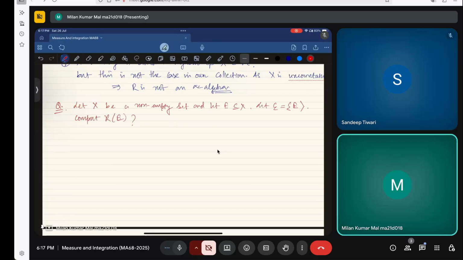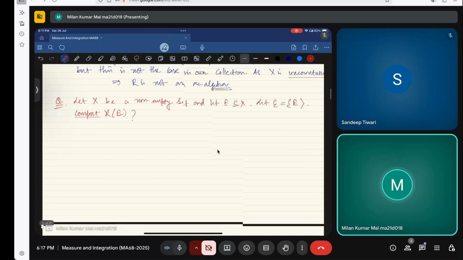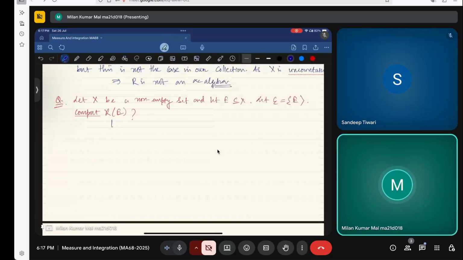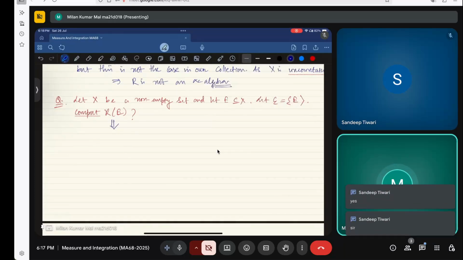What is R(E)? Basically it's the smallest ring generated by E. I think the symbol is used for the sigma ring generated by E. Let me check once.